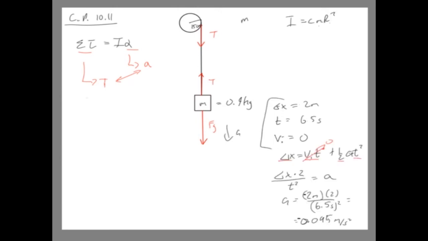So that's our delta x equation. Noting that the initial equals 0, we can rearrange this and then we'll solve for the acceleration. So we have a equals delta x times 2 over t squared. When we plug our numbers in, we're going to get negative 0.095 meters per second squared. So that's acceleration a, but that will allow us to find the angular acceleration alpha.